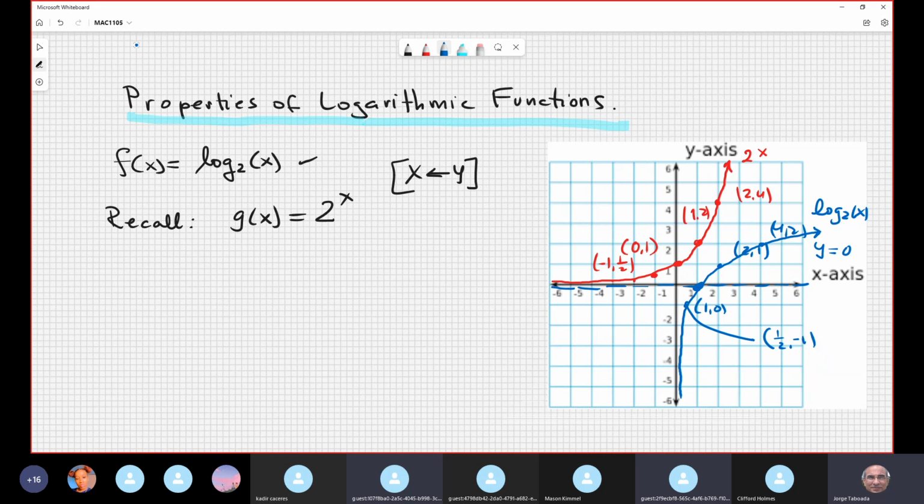the y-axis. And the reason it can never touch is because the logarithm function has a vertical asymptote at x equals 0. This is no surprise, because when you study the inverse function, you can see in the last example that the horizontal asymptote in the function, when you find the inverse, becomes vertical.